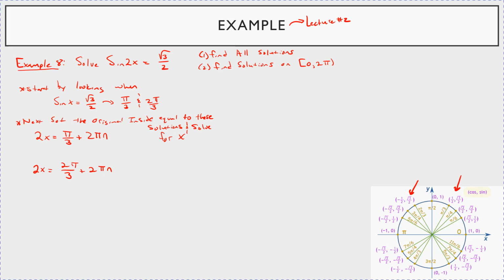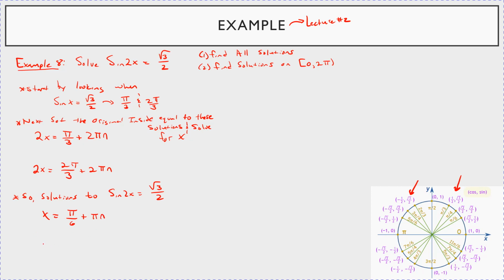All you're going to do is divide everything by 2. So pi over 3 divided by 2. The solutions to the equation sine of 2x equals the square root of 3 over 2: I divided by 2, so x is equal to pi over 6, and the 2's cancel, plus pi n.